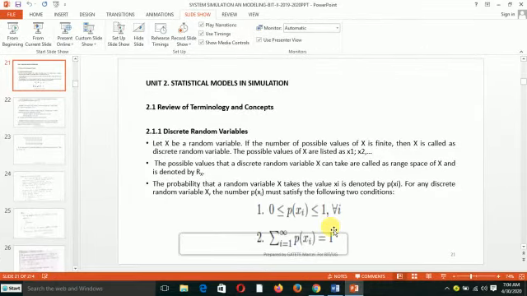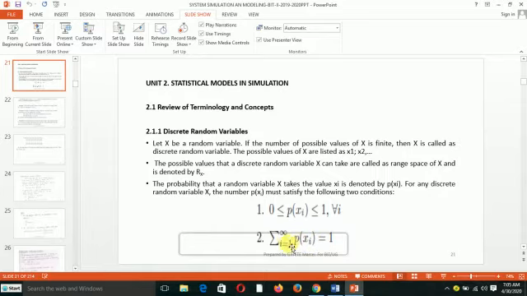The second condition is that if we add all the probabilities, the total value of the probability will be equal to 1.